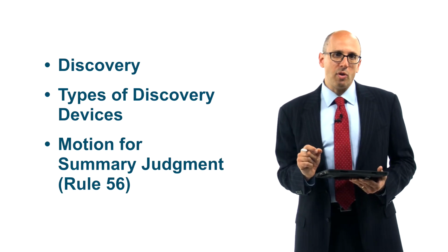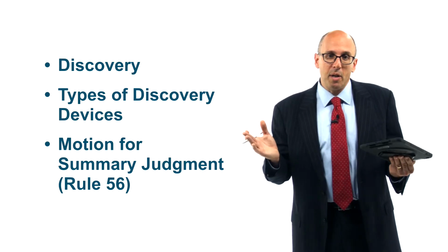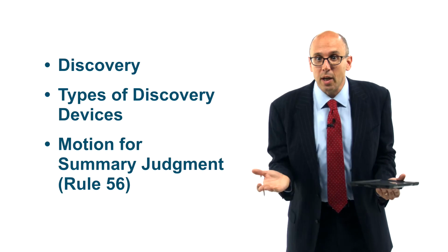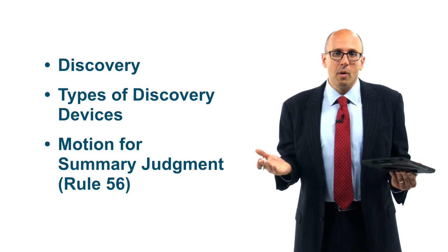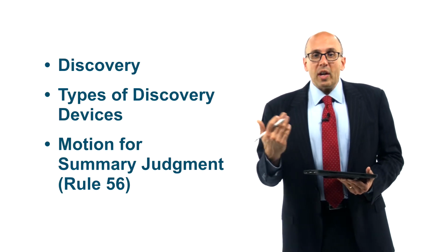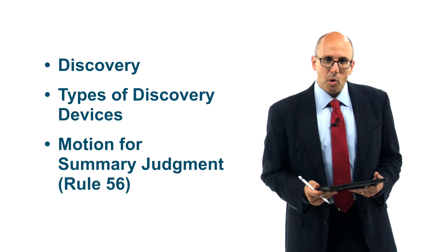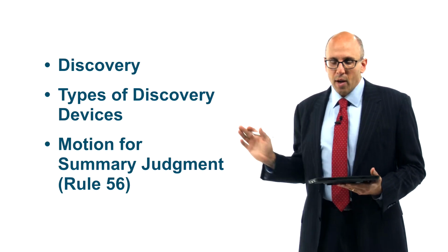That might be a question of law, because maybe there's a speed limit. Maybe the speed limit is 50. If the speed limit is 50, then going 40 is not speeding. And so it's not negligent. So if it's a question of law, then that's something that the judge can decide on a motion for summary judgment. If it's a dispute about the facts, then we have to go to a trial.